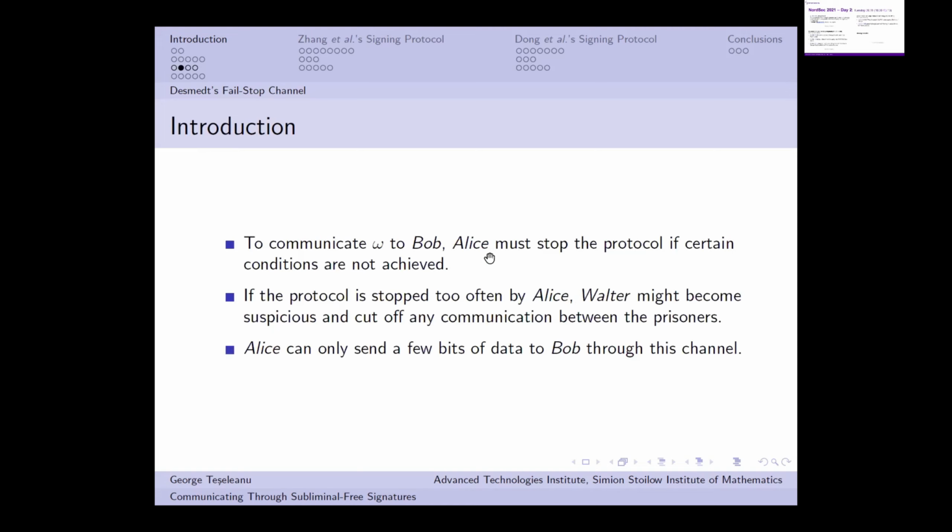So we assume that Alice and Bob want to communicate an encrypted bit W, and in order to communicate this bit, Alice must stop the protocol if certain conditions are not achieved. A small note: if the protocol is stopped too often by Alice, Walter may become suspicious and cut off any communication between the prisoners. So as a conclusion, Alice can only send a few bits of data to Bob.